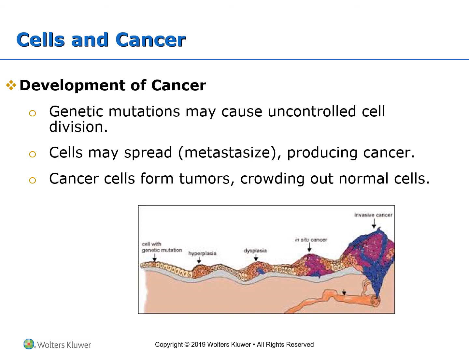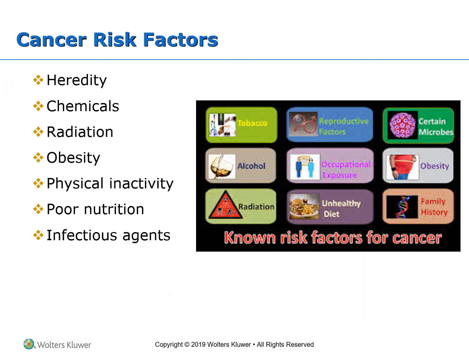And infectious agents, especially viruses, and among them probably the most common one is HPV, the human papillomavirus, involved in cancers of both the male and female reproductive system. And you can see those summarized here. Again: heredity, chemicals, radiation, obesity, physical inactivity, poor nutrition, and infectious agents.